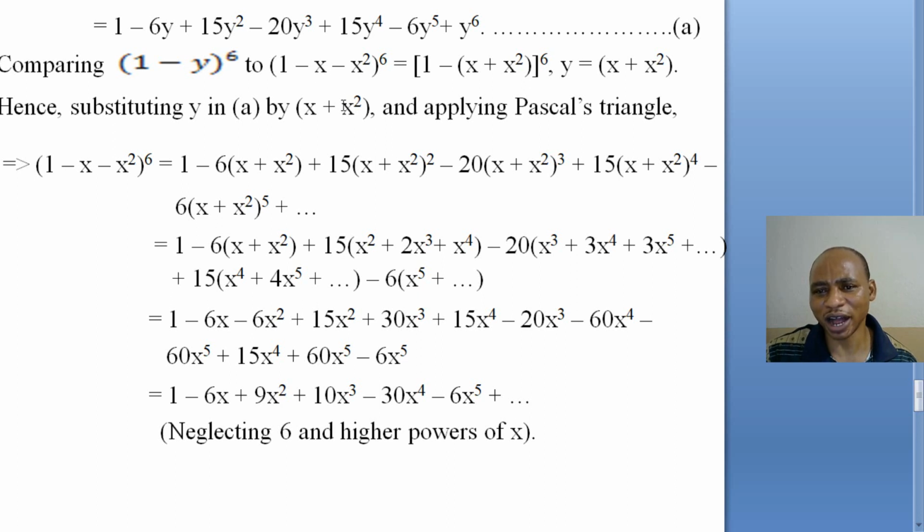To simplify (1 minus x squared) all raised to the power 6, what we need to do here is try to express (1 minus x squared) all raised to the power 6 in the form (1 minus y) all raised to the power 6.